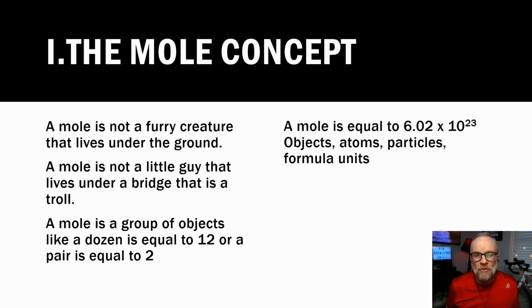And in chemistry, a mole is equal to 6.02 times 10 to the 23rd objects, atoms, particles, formula units, just any quantity, just like a dozen is equal to anything that has 12 in it. So that is the number we use. And that's a really huge number. And we'll talk about the reason why here in a little bit, why that big number.